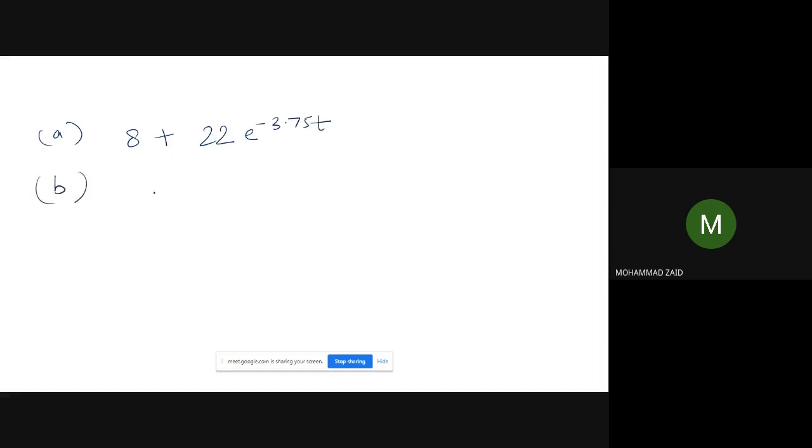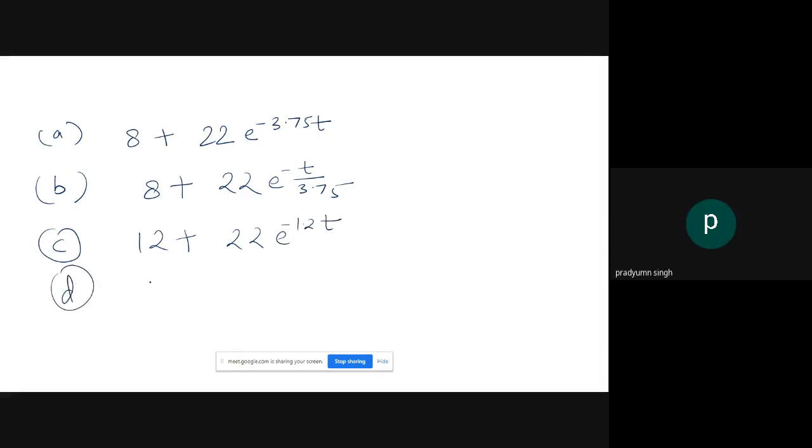B is 8 plus 22 e to the power minus t upon 3.75. C is 12 plus 22 e to the power minus 1.2 t.